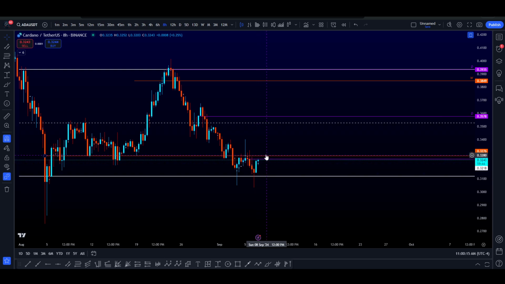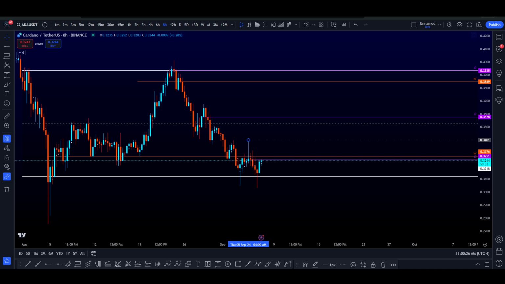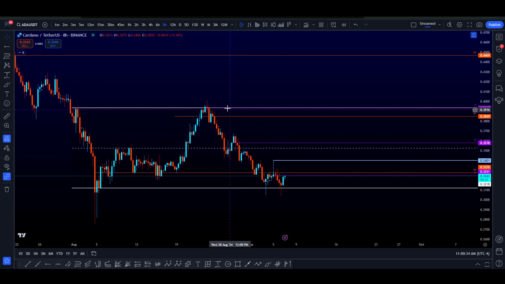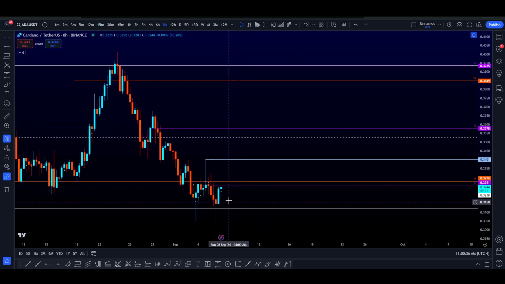So more than likely, I'm expecting us to at least come up and test these local highs right here before either coming back down, retesting the level, or just keep on going higher, right? It would be nice to go all the way to the top of the channel, but just for the local targets, 34 cents would be that target, right?